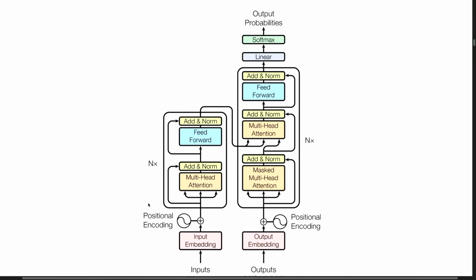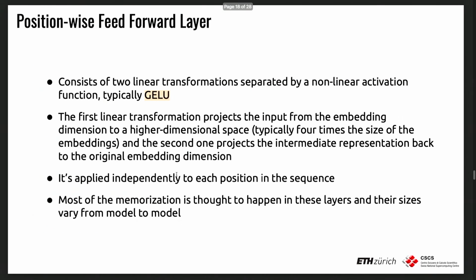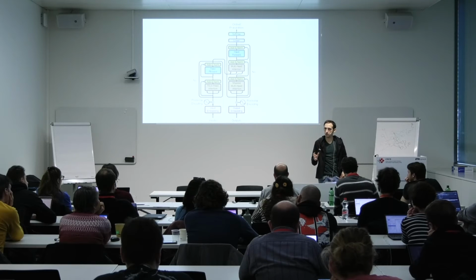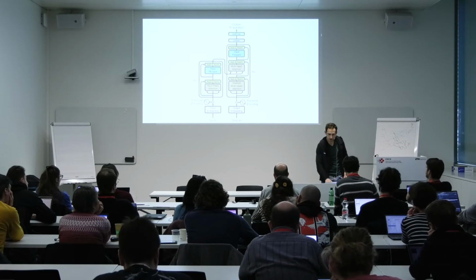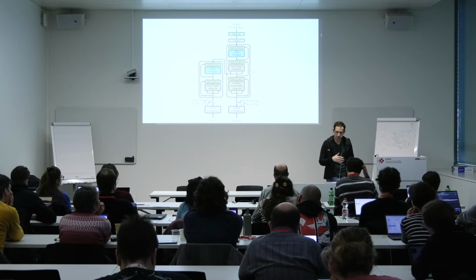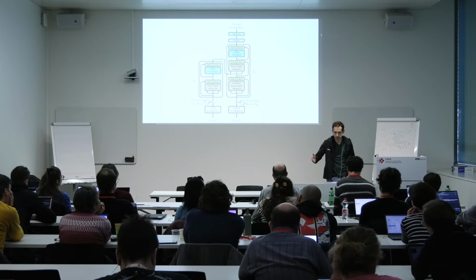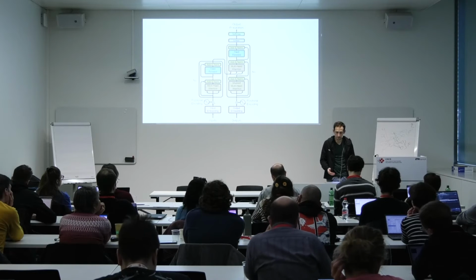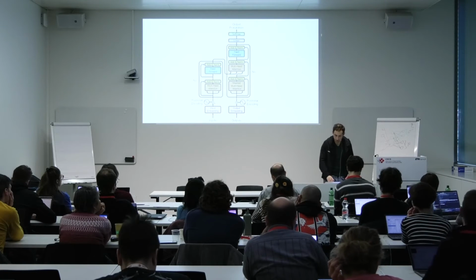And this part here is the place where, I don't know, people think this is where the memorization of the network occurs. Similar to the analogy that I was making with the convolutional kernels and the ending part of the convolutional models.